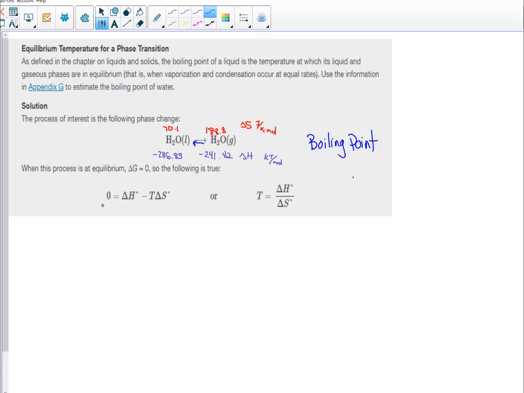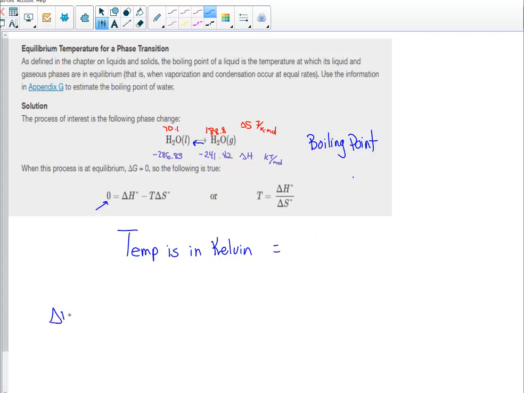So using the thermodynamic values, estimate the boiling point of water. Now, remember, at equilibrium, delta G is assigned as 0. And the relationship that solves for the Kelvin temperature will have us take the delta H, which remember is always given to us in kilojoules per mole.